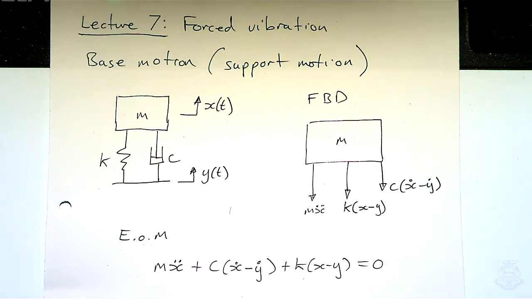And if you remember in previous lectures, I've said that terms on the left-hand side relate to the mass, the spring and the damper, and on the right-hand side they relate to the forcing. So in this case, we've kind of got a choice. We can either leave the equation like that, or we can expand out the brackets and take the y terms to the right-hand side, so that we're clear that that's what's forcing the system.